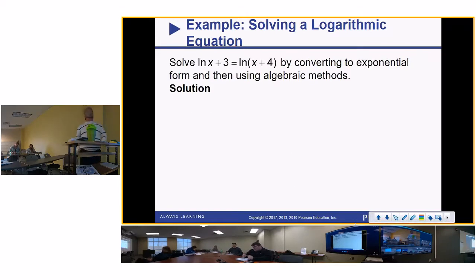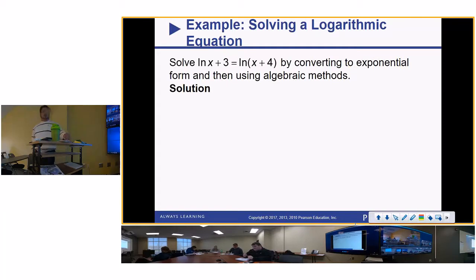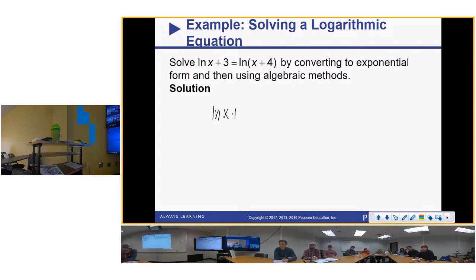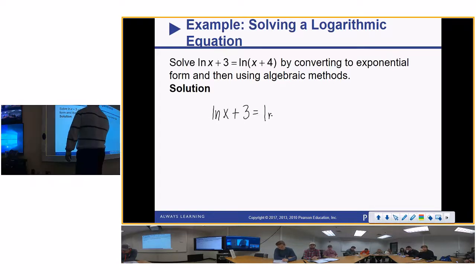All right, try that one. Natural log of x plus 3 equals natural log of x plus 4 in parentheses.